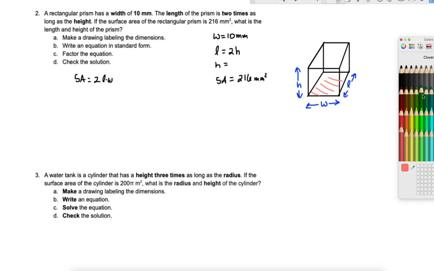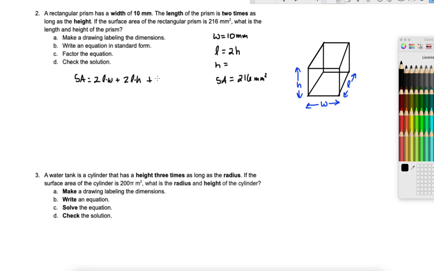We have 2 length times heights. So the length and the height, so this is also the height right here, right? So it's this right side and this left side are length and height of 2 of those dimensions.